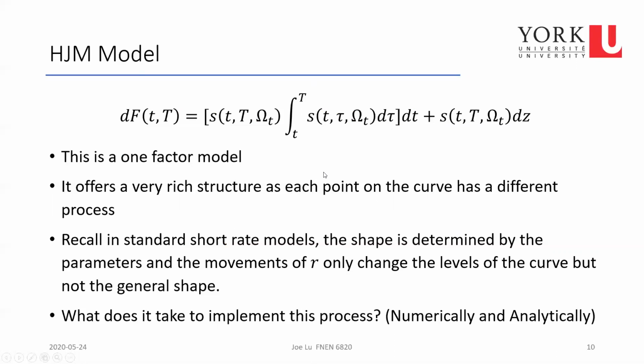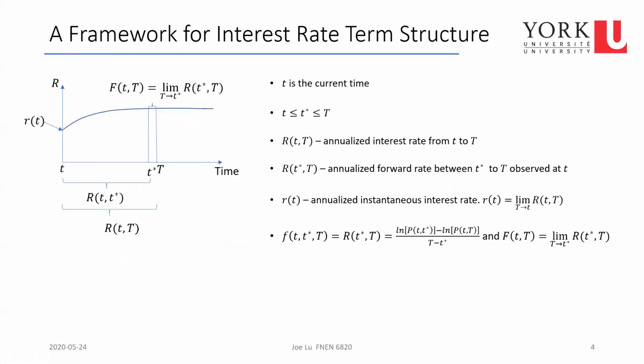And because you're using the instantaneous forward rate, that independent evolution of each point would not create any problem, because you can then always come back and use the term structure of instantaneous forward rate to reconstruct back the term structure of interest rate, like what we have done earlier.